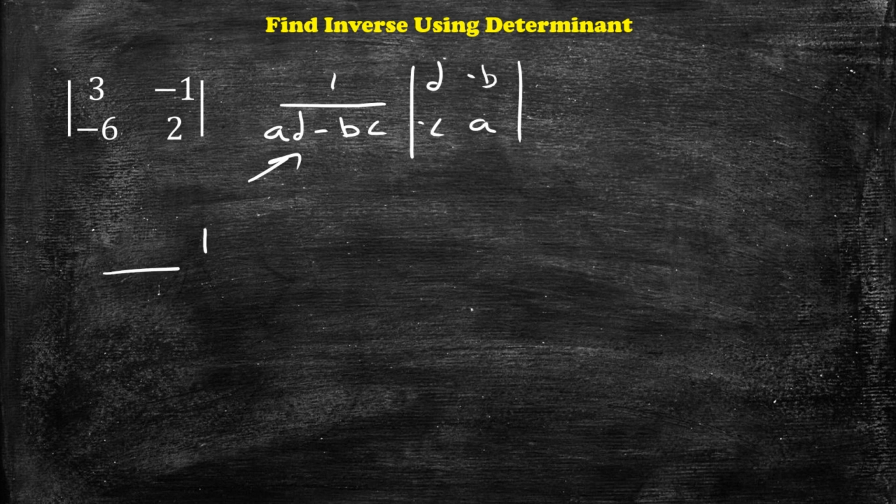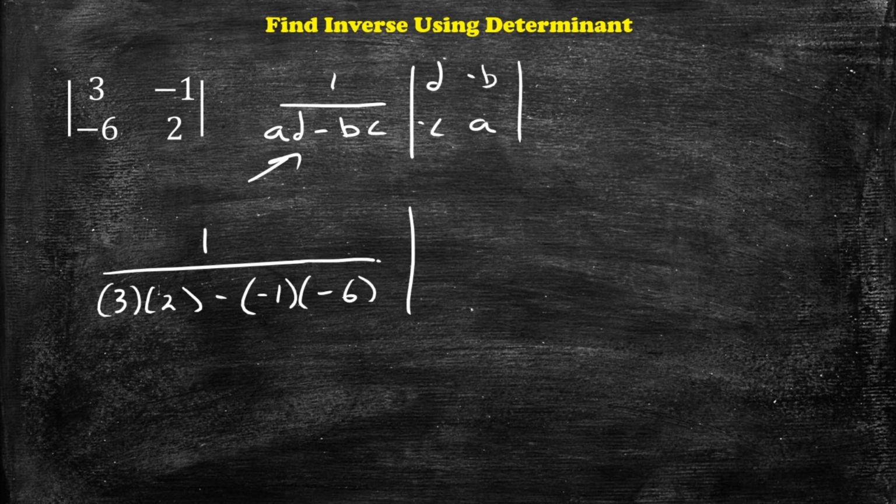So we're going to have 1 over A times D, which is 3 times 2, subtracted by -1 times -6. And then our matrix is going to be 2, 3, 1, and 6, like that. So now let's go ahead and continue here. So we're going to have 1 over 6 minus 6, which is going to give us 0.